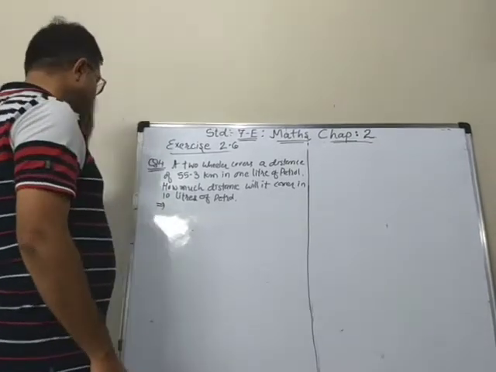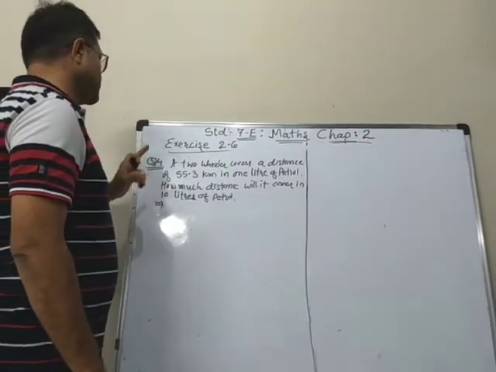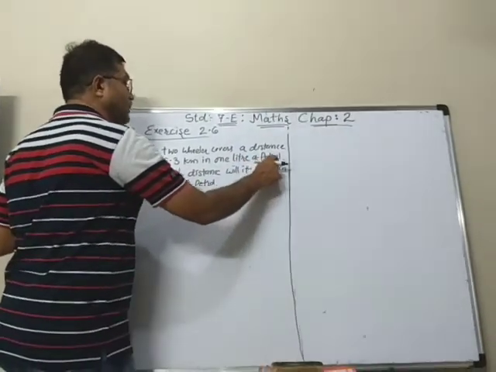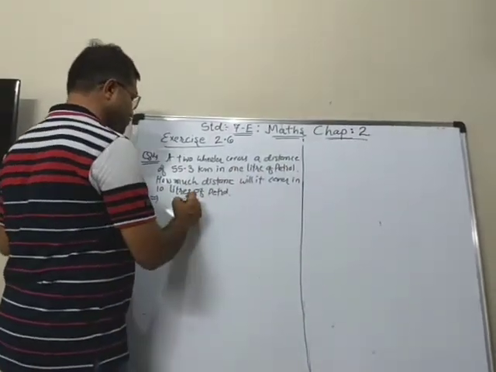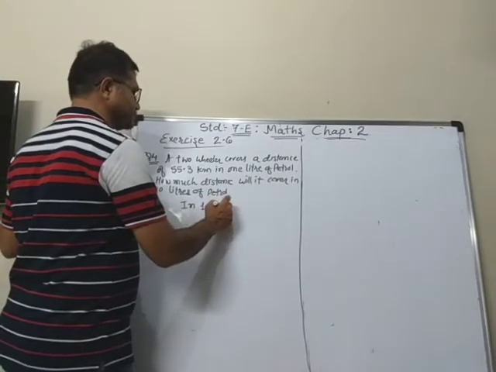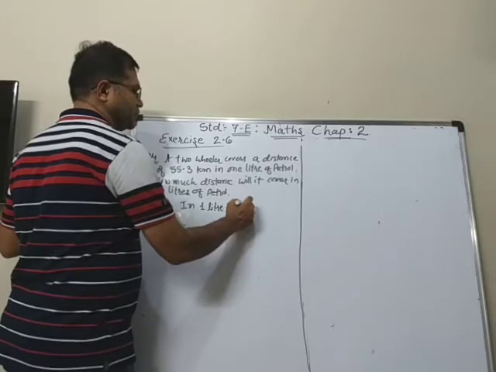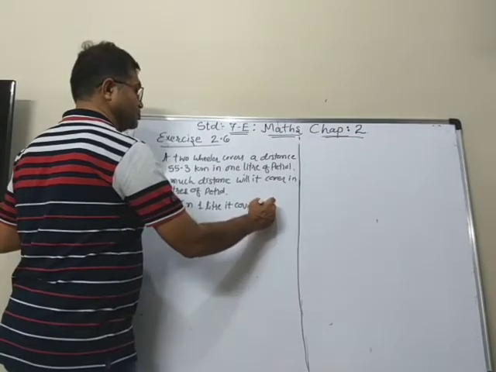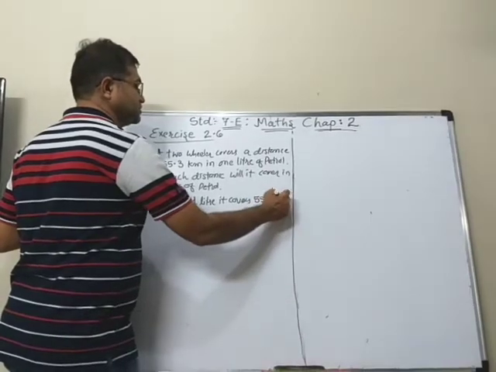So we know that it is covering 55.3 kilometer in 1 liter. So in 1 liter it covers 55.3 kilometer.